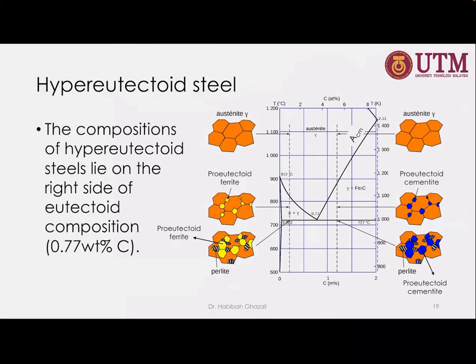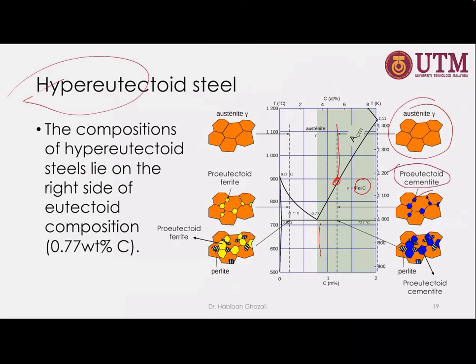So another type is hypereutectoid. Remember, hyper is located at the right side. Similar to the hypoeutectoid, initially it is austenite. At this point, it forms a new phase. What is it? Cementite. The cementite will first form at the grain boundary, and the name of this first cementite is pro-eutectoid cementite.